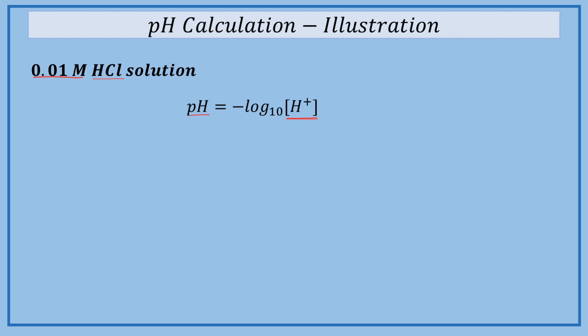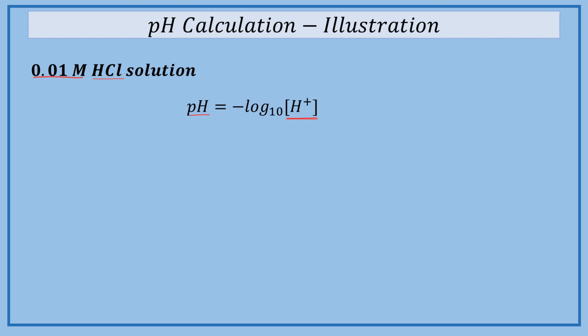By taking the logarithm of H plus concentration to the base 10 and then taking its negative value will give us the pH. Now we will apply this formula in calculation of pH of the mentioned solution, that is 0.01 molar HCl.